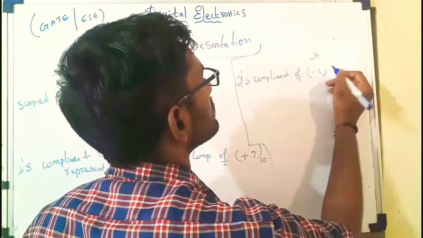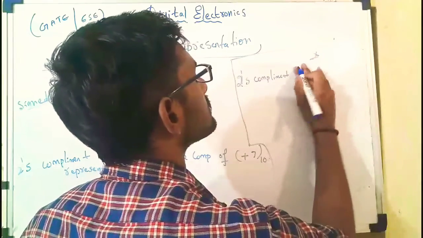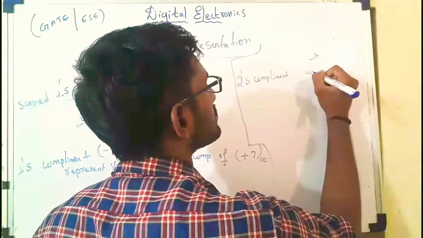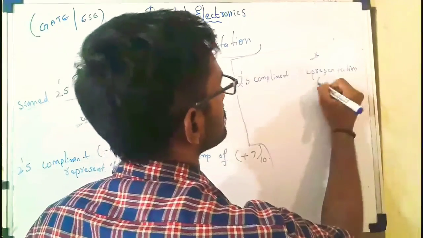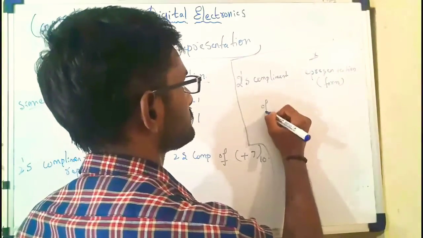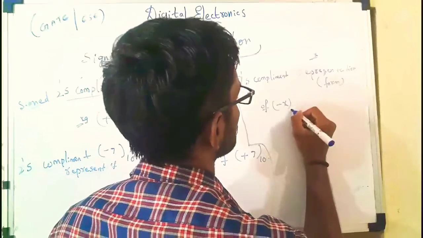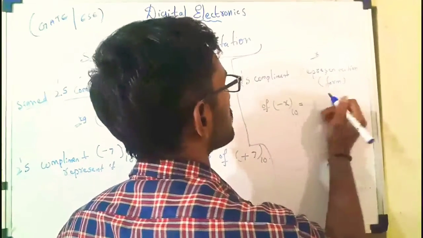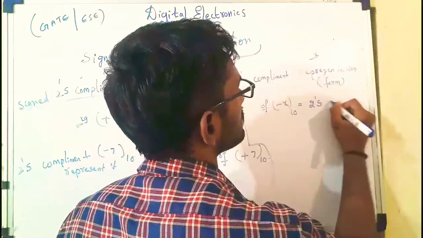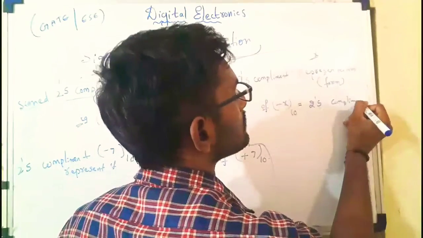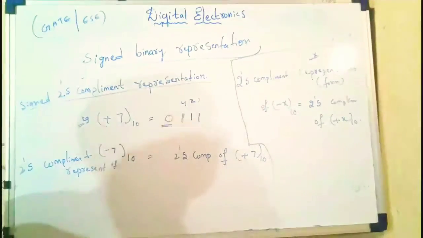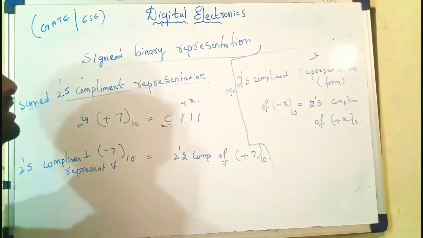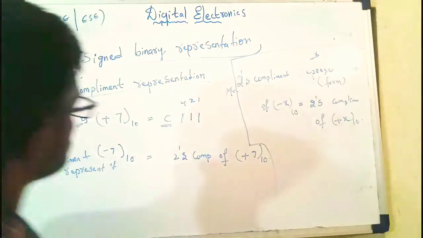The 2's complement form or representation of a negative number minus x to the base 10 equals the 2's complement of plus x to the base 10. This is very important, otherwise we will get confused.